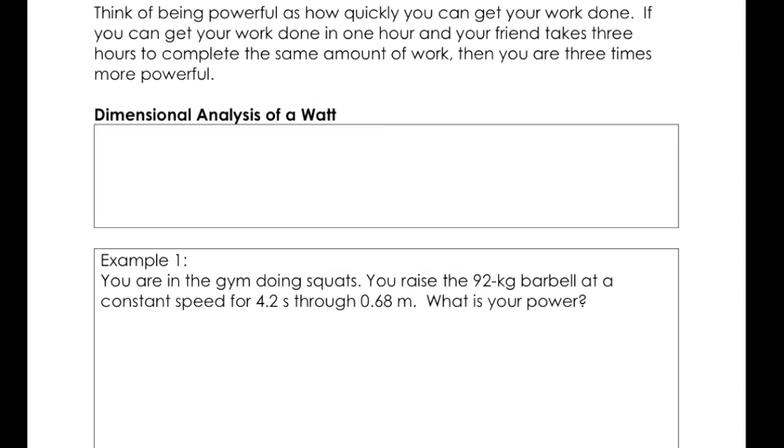Okay, so breaking down the unit of watts, 1 watt equals 1 joule per second, which computes to 1 watt equals 1 kilogram meter squared divided by seconds cubed.